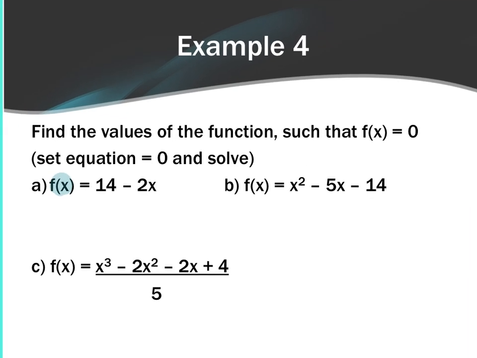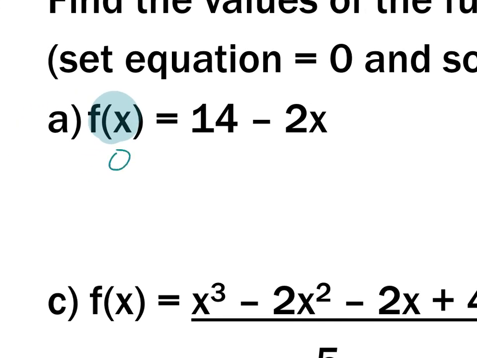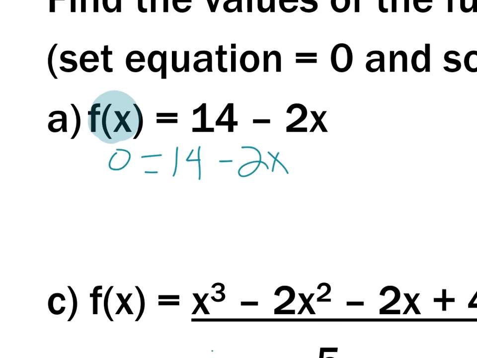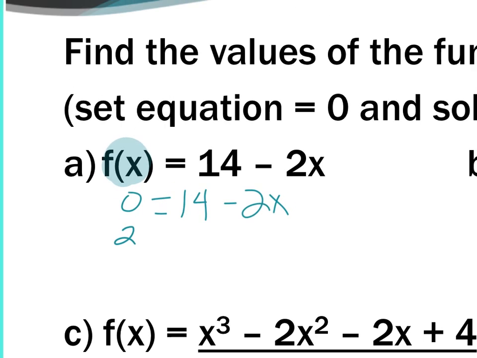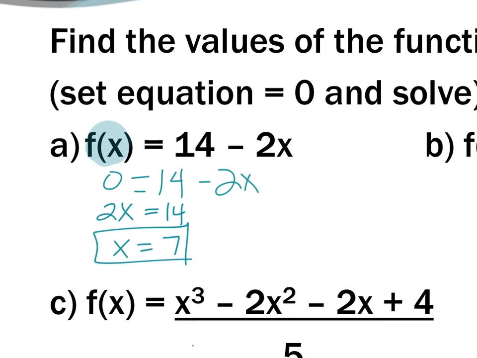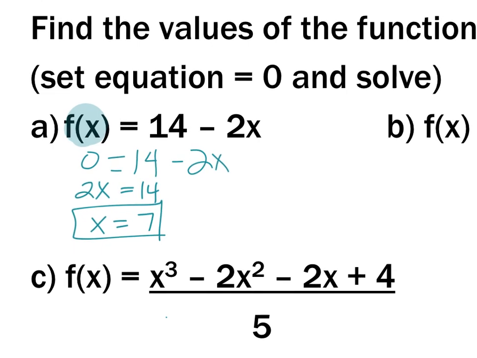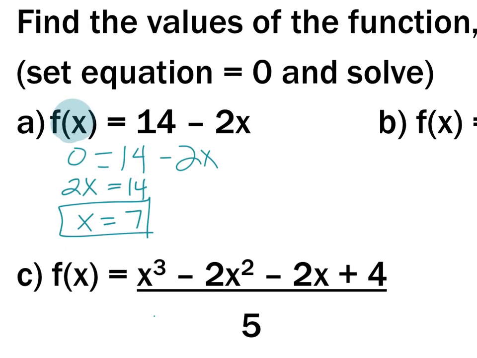I'm not plugging in here. I'm going to say that 0 equals 14 minus 2x, and then I'm going to solve it like I would normally solve any equation. I'm going to add the 2x to the other side, or subtract the 14, it doesn't matter. And then divide by 2, and I get x is 7. So you're replacing f of x with the value that they're telling you it is, which in this case is 0, and then you're solving.